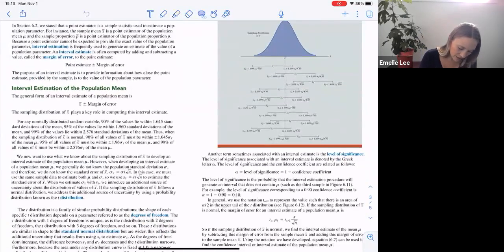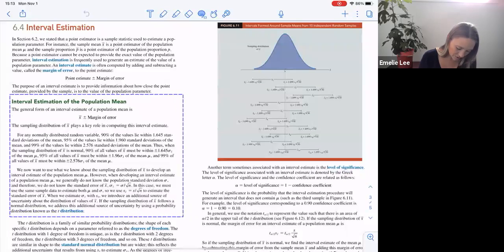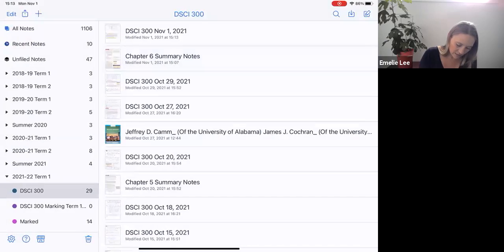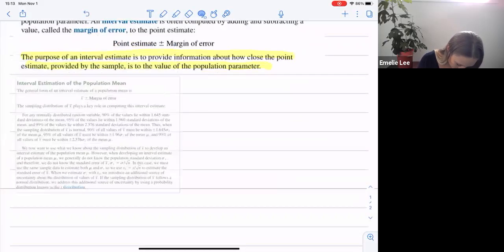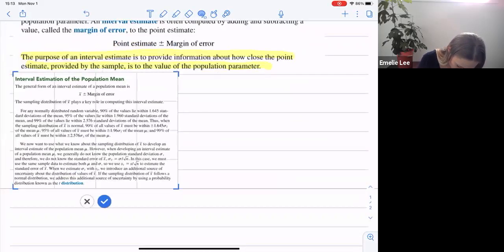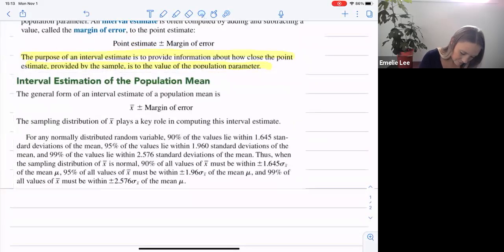So let's talk about an interval estimate for the mean first. If we're talking about the mean, then our best guess at what the population mean is, of course, is our x bar. So we have our sample mean and we want to build some margin of error around that, right?